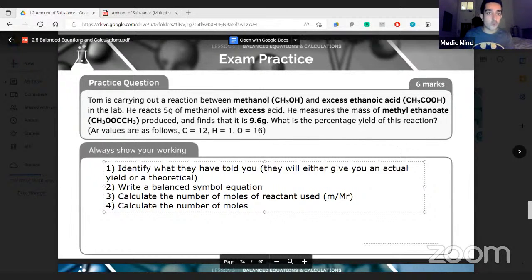Remember, this is just for your working. It's not going to get marked anyway. But in a normal balanced equation, yes, you would write state symbols.